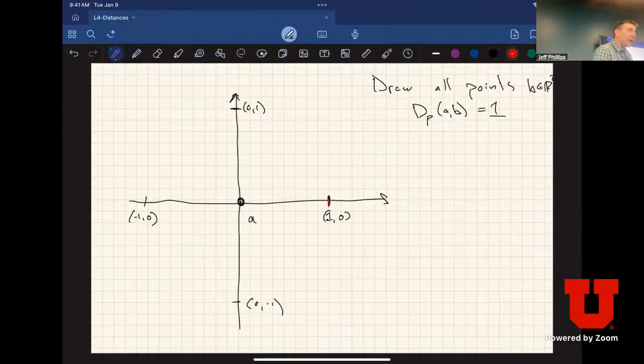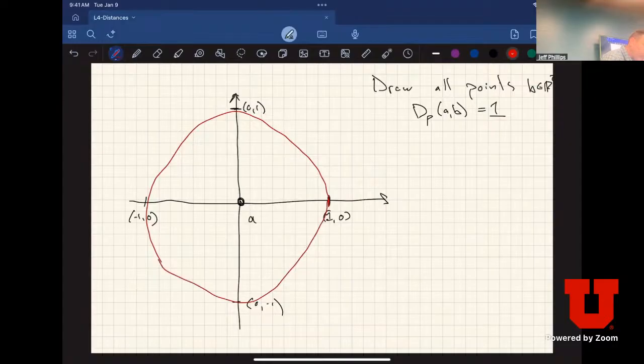And now let me draw the L2 distance. The L2 distance looks like a ball or a circle. Pretty good here. And so this is for p equals 2. The red circle is drawing all points B which are a distance 1 away from A, right?